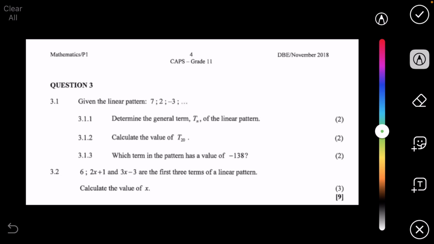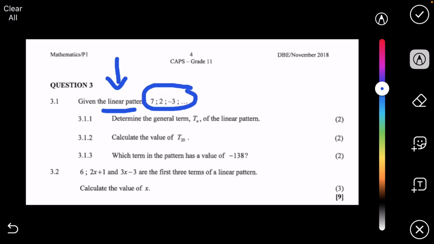Please make sure that you read to understand. They're saying, given the linear pattern, and it's very important, linear pattern. They've already indicated the type of pattern which is given: 7, 2 and -3.